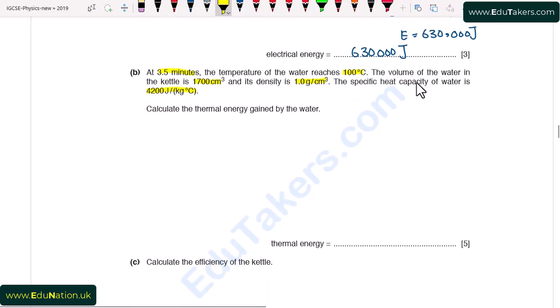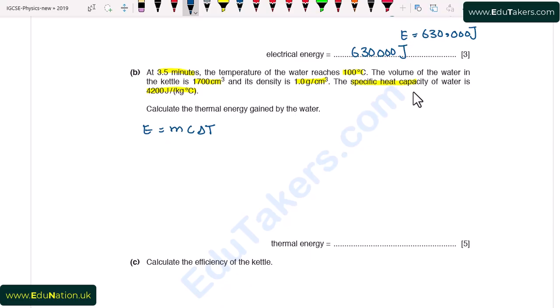Here we have to calculate the thermal energy. When the specific heat capacity is given, we use the formula energy E is equal to m c delta T. Here E is energy, m is mass, c is specific heat capacity and delta T is change in temperature.